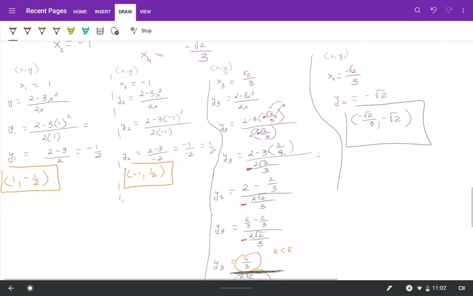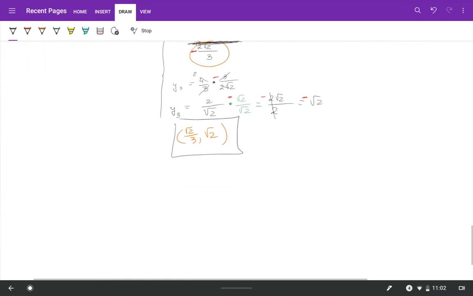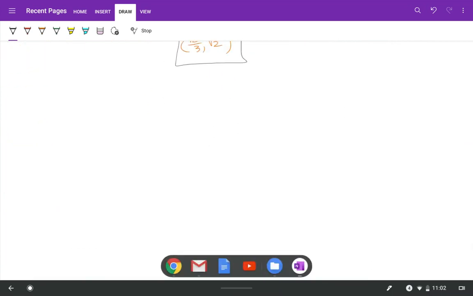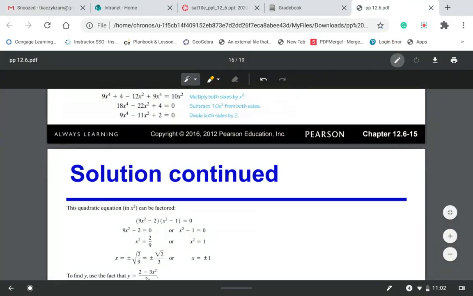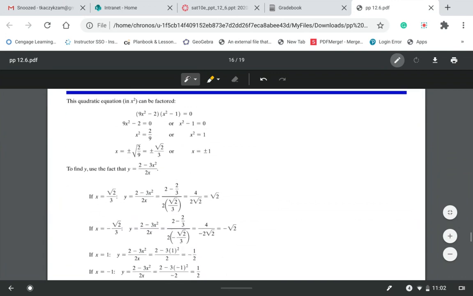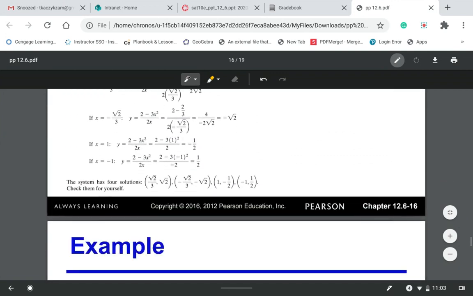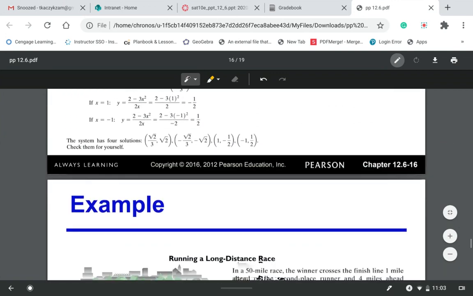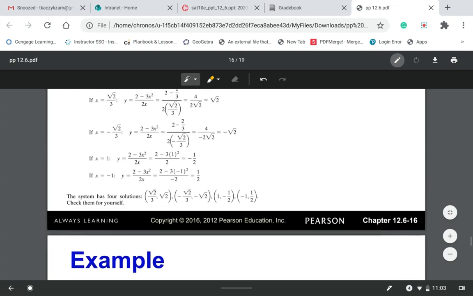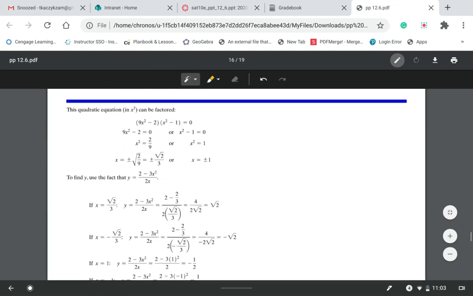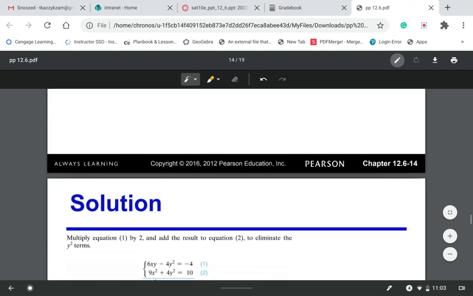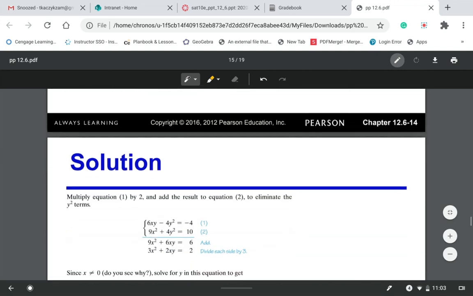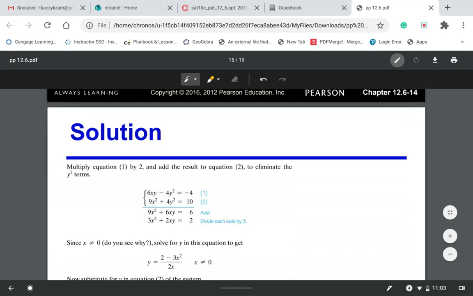So I'm not going to graph that, but I want to show you on the PowerPoint how those 4 points of intersection look. Oh, they didn't graph it. I guess the textbook PowerPoint got tired of that problem.